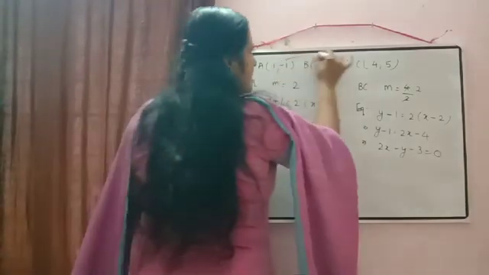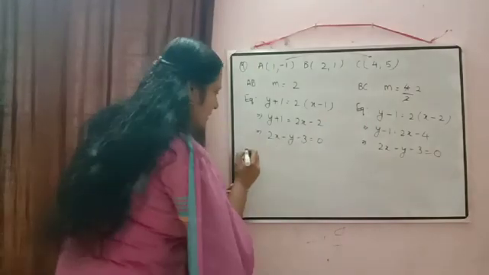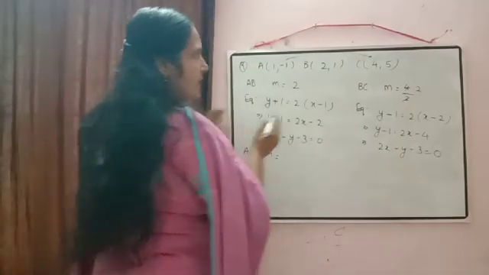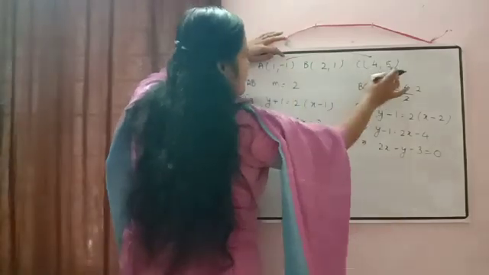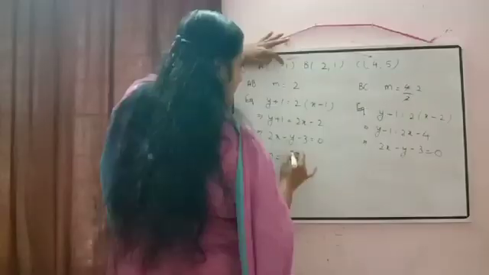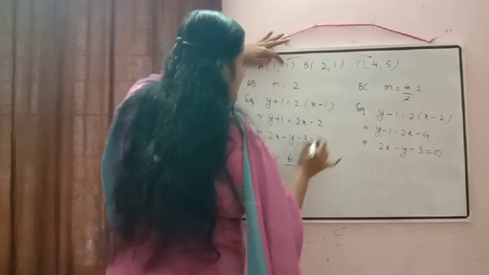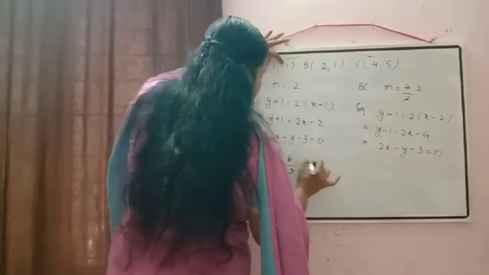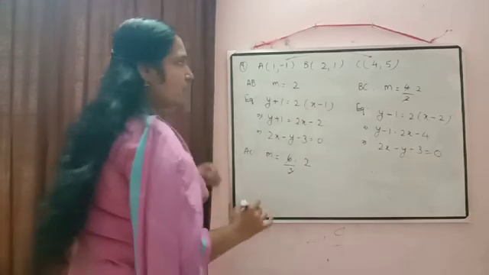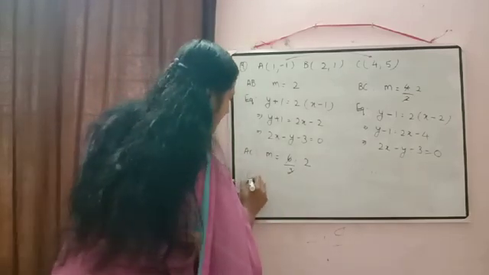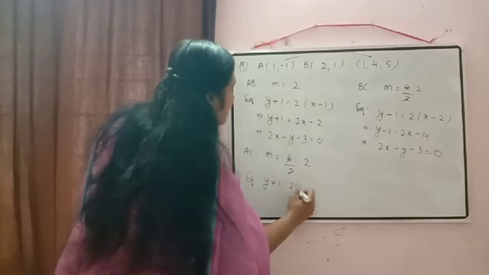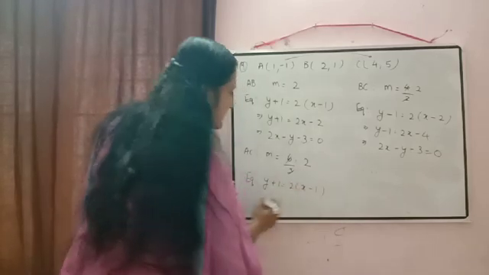Now we will calculate the equation of AC. For AC, first we check the slope. Again y2 minus y1, so 5 minus minus 1, that is 6, by 4 minus 1, 3. So we are getting the slope is equal to 2. Now the equation: y plus 1 is equal to 2 into x minus x1.